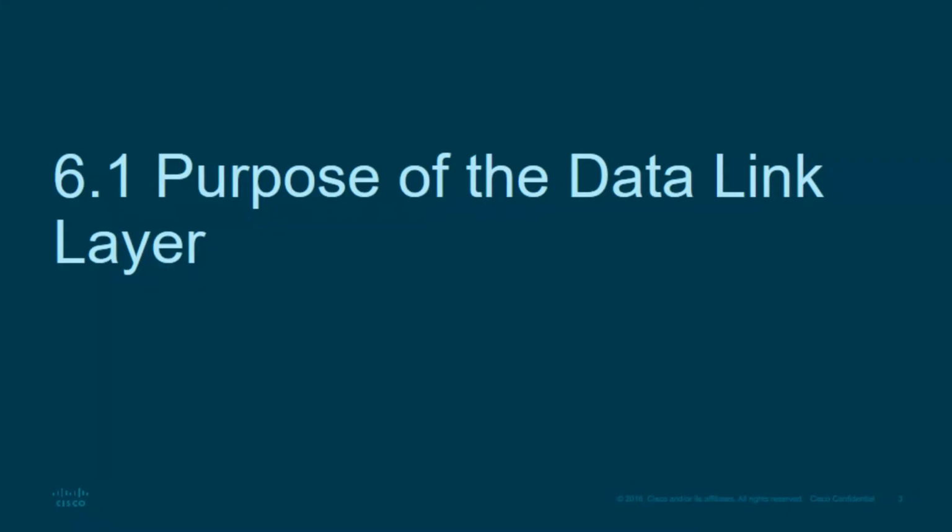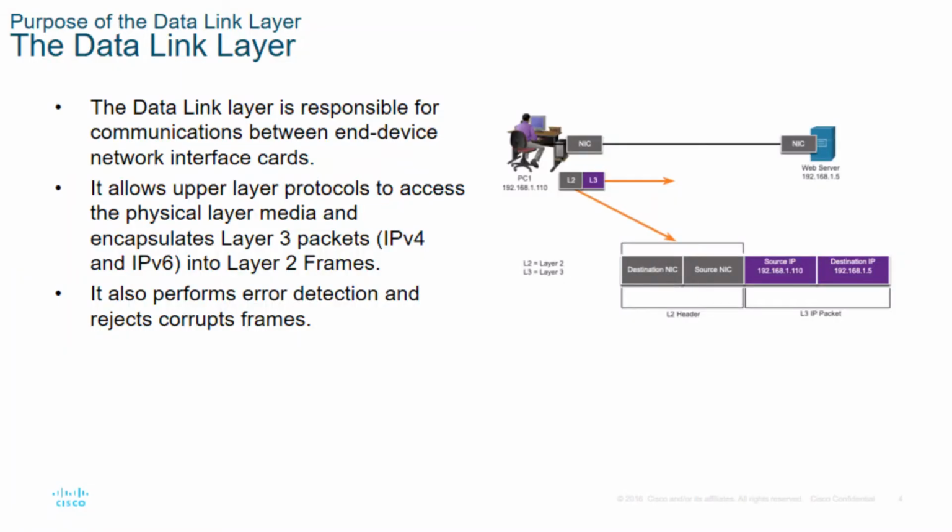So let's get started. First of all, the data link layer of the OSI model, layer 2, prepares network data for the physical network, and it is responsible for network interface card (NIC) to network interface card communication.